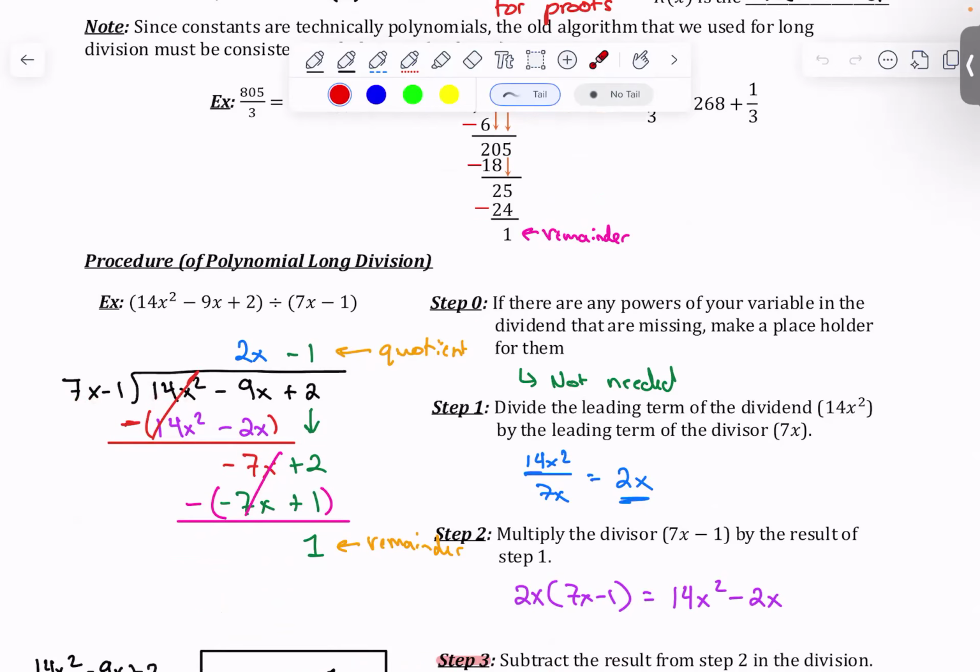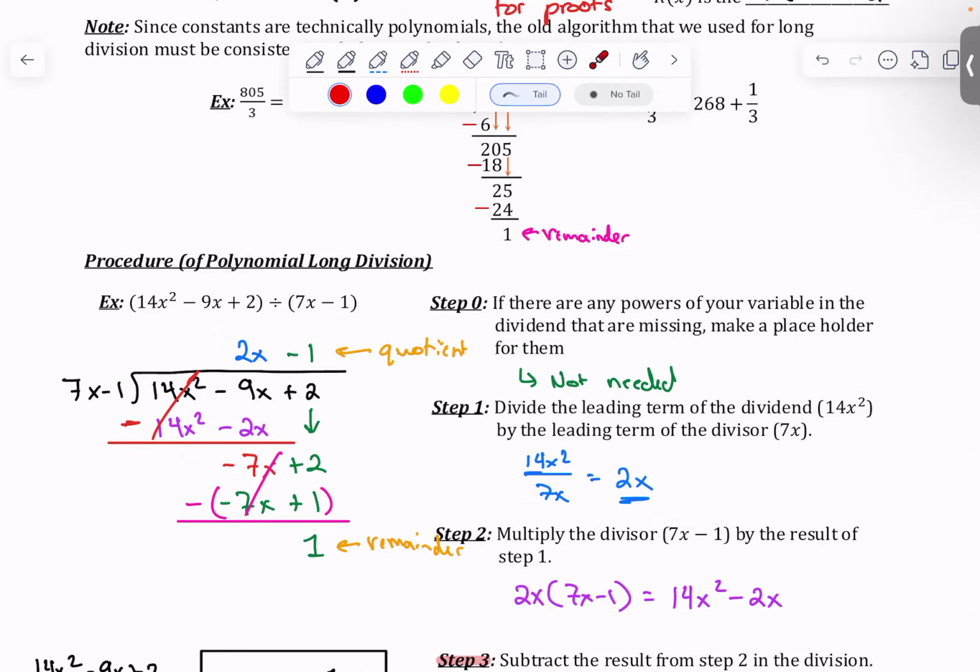Then what you do is you multiply this number that you found into your divisor, and you get 2x times 7x, that's 14x squared. 2x times -1, that's minus 2x. Now, I frequently, when I do this, I write this in a different color. This is all in different colors, yes, but even when I'm doing it myself on exams and stuff, even in my own grad school classes, I would still do that because I never trusted myself to remember if I don't write the parentheses, it just looks like I'm subtracting 14x squared and also subtracting 2x.